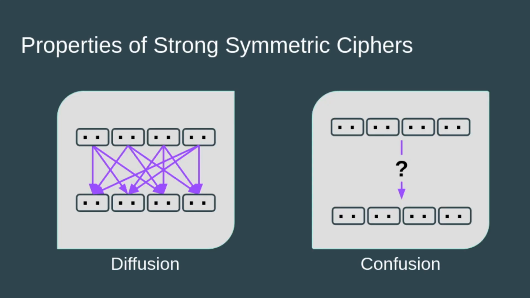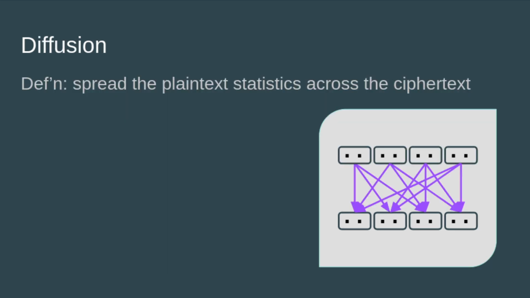Claude Shannon in 1949 outlined 2 properties that make for a strong symmetric cipher: diffusion and confusion. Diffusion spreads the plain text statistics across the ciphertext. So changing one character of plain text changes several characters of ciphertext.